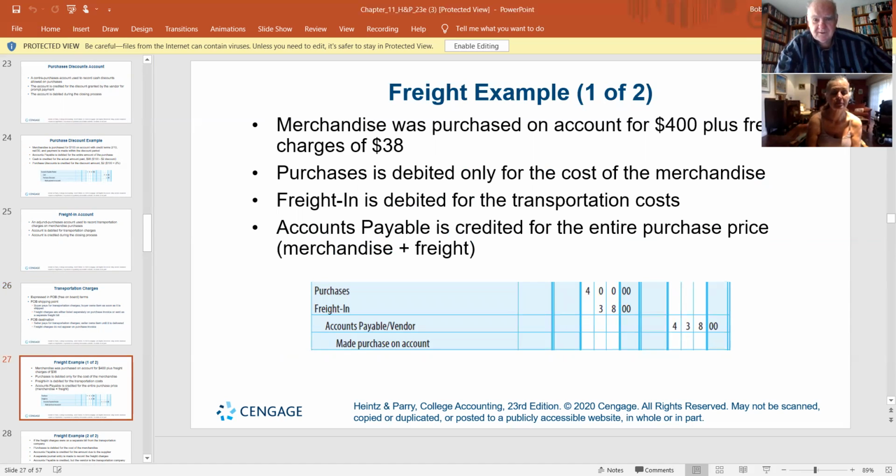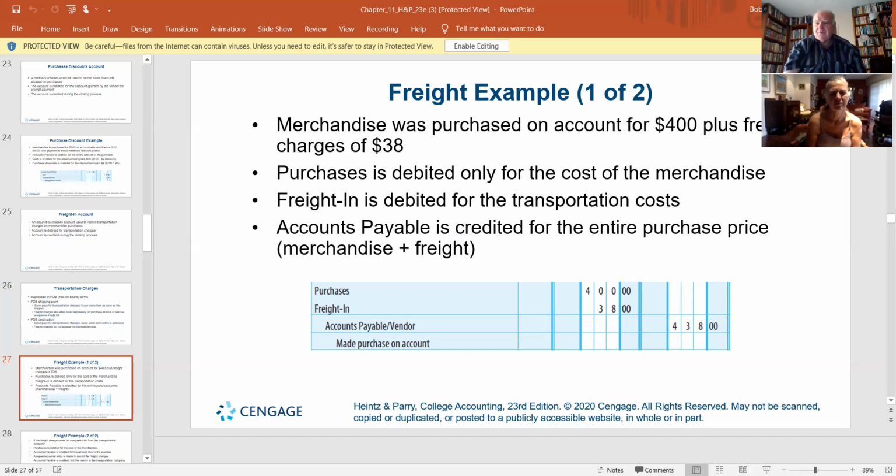And here's an example of freight. In this example here, we got the bill from the supplier, and he included the freight charge on his bill. You see that $38 there, Carrie? He just sent us a bill, and the bill said one item at $400 plus freight.